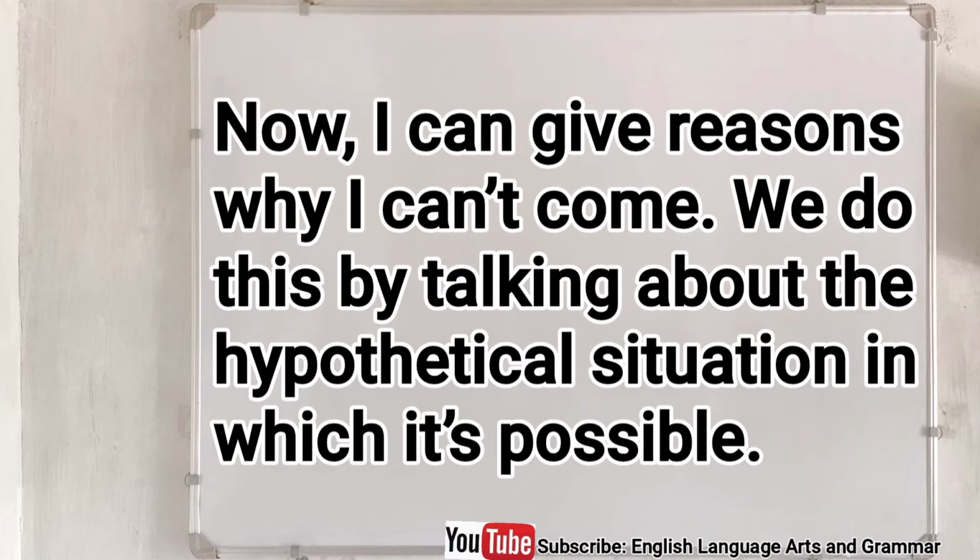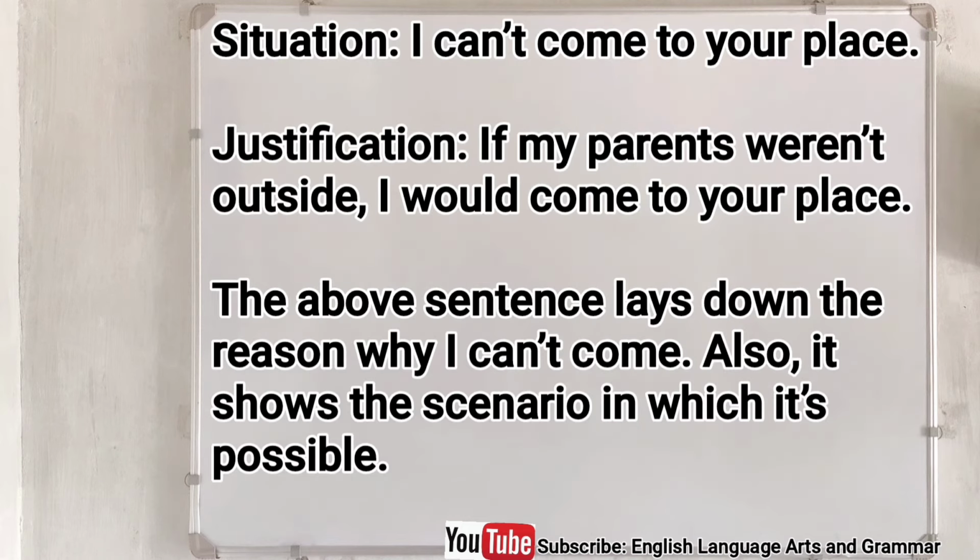We do this by talking about a hypothetical condition or situation which is impossible. Let us see some examples with some situations and justifications. Situation: I can't come to your place. If my parents weren't outside, I would come to your place. The sentence lays down the reason why I can't come. Also, it shows the scenario in which it's possible.